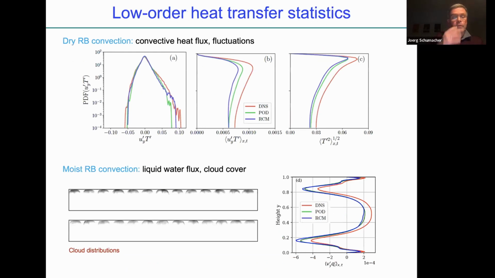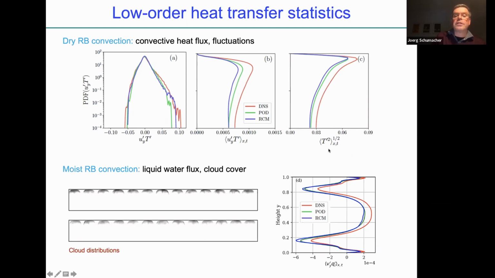And then we reproduce, in the dry convection case for instance, the probability density function of the convective heat flux, or the vertical profiles of the convective heat flux. And please always compare the green and the blue curves, because the truncation of the original DNS data has already changed the profiles from red to green.